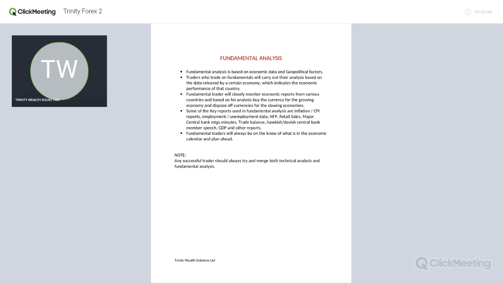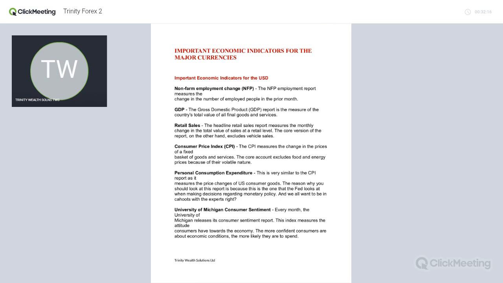You can still stick to technical analysis, and you still have your fundamentals accommodated in the technical analysis. So you're going to look at the key reports for each particular country and see what they mean and how they affect the markets.